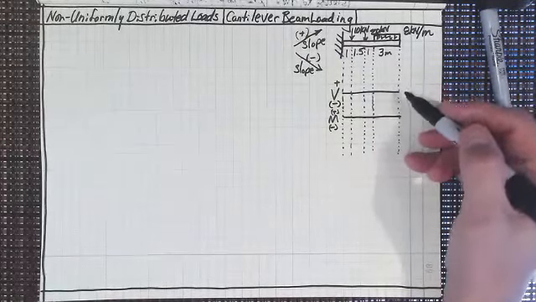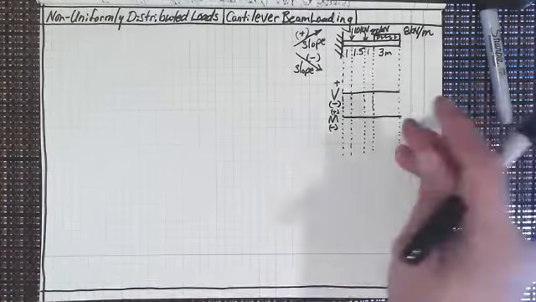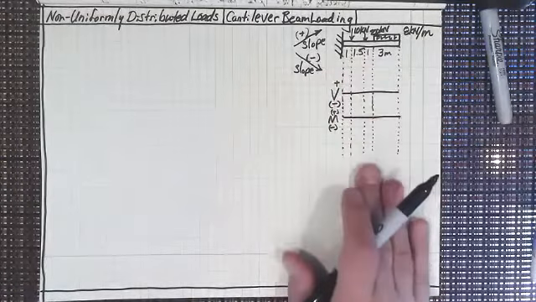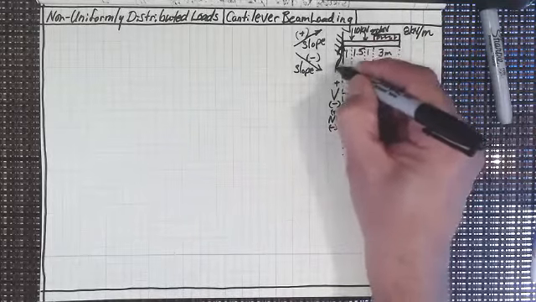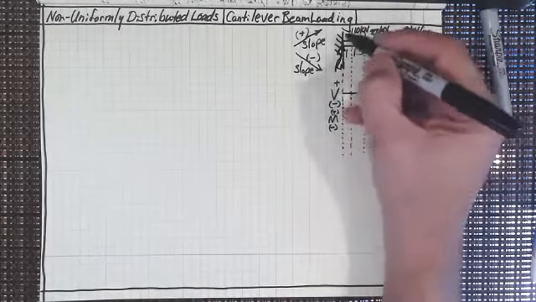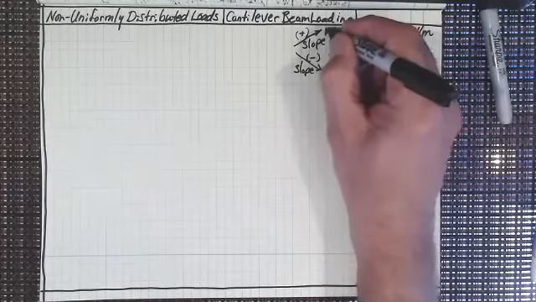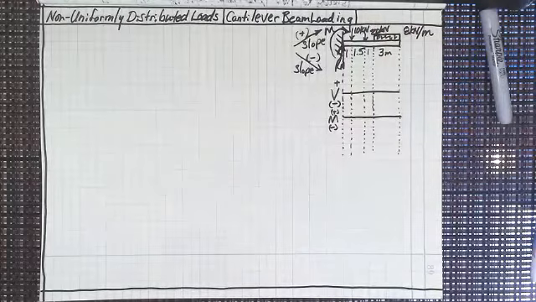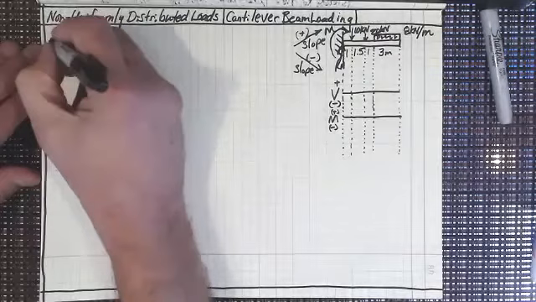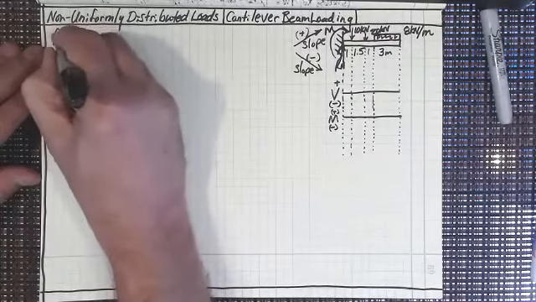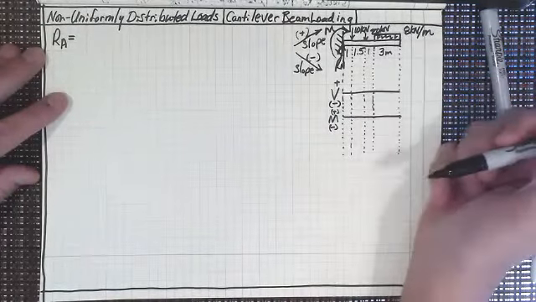All right, we've got to do some static equilibrium analysis first for this problem right here. We know that we're going to have a force R sub A at that point, and we're also going to have a bending moment at that point of M, whatever M turns out to be. So the first thing we want to do is find out what R sub A is. R sub A, which is working up, is working against all these things working down.